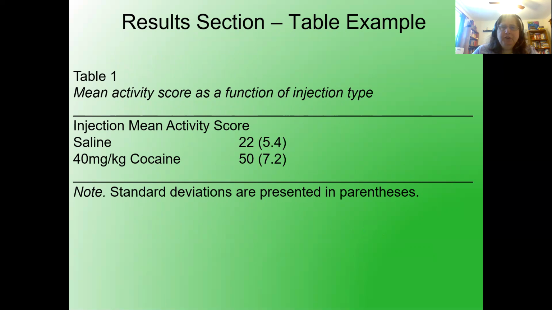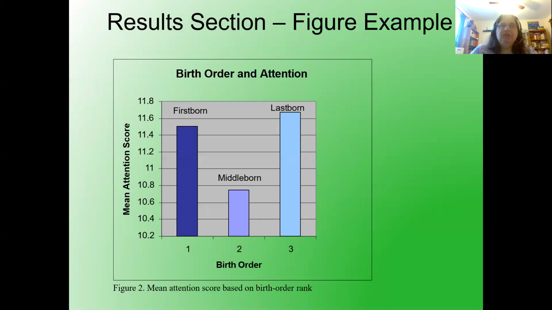The tables are okay. To be honest, I think figures are a little bit nicer, and I typically recommend people go with two figures. Here's an example of a figure. We have mean attention score over here. That's our DV. Along the bottom, we have birth order. That's our IV, our independent variable. We have our firstborn, our middleborn, and our lastborn.